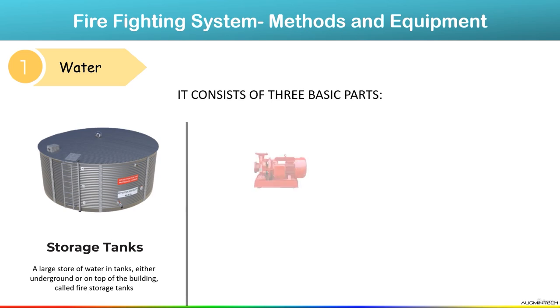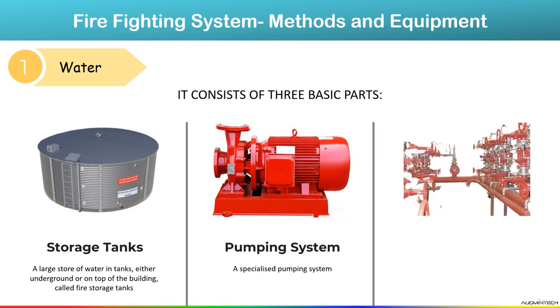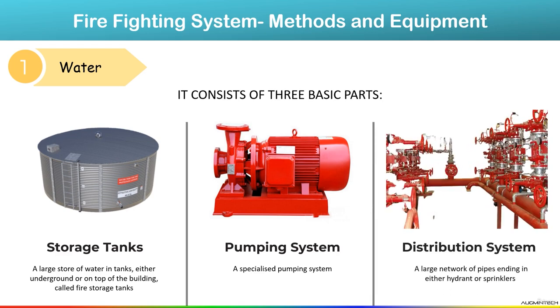Now the second is the pumping system. Fire pumps are usually housed in a pump room very close to the fire tanks. The key thing is that the pumps should be located at a level just below the bottom of the fire tank so that all the water in the tanks can flow into the pump by gravity. Now the third is the distribution system.